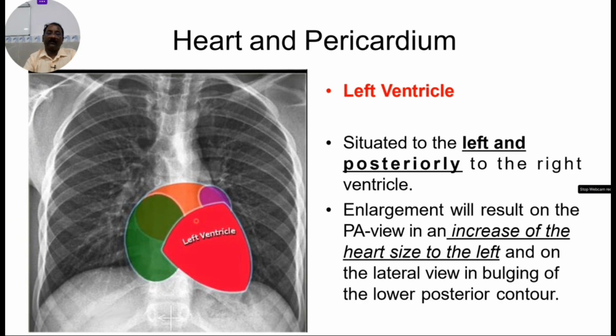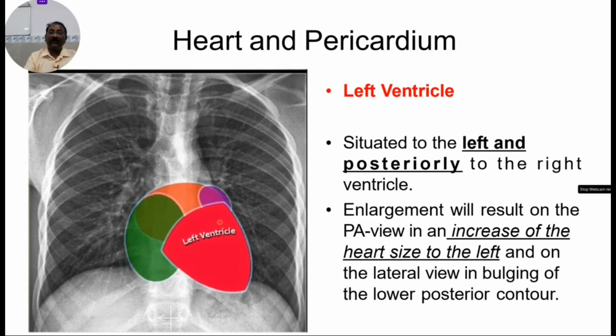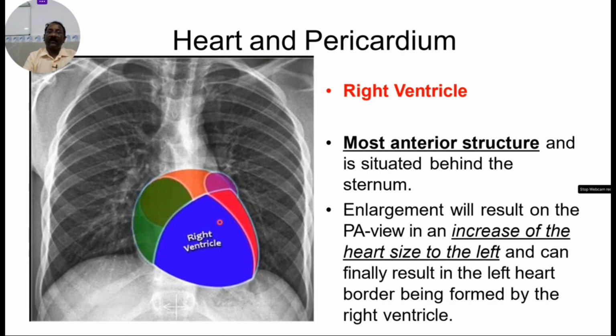The left border is formed by the left ventricle, situated to the left and posteriorly. The right ventricle is the most anterior structure, and the most posterior structure is the left atrium.